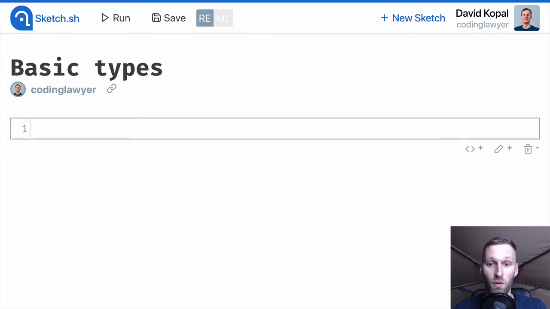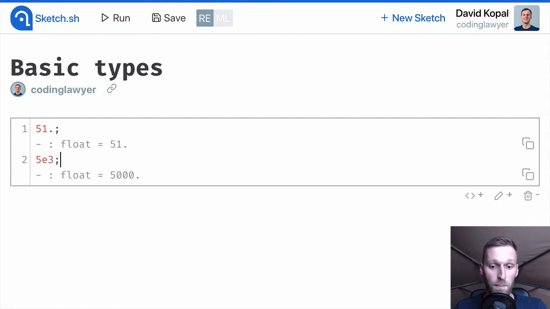Now, let's talk about another of Reason's basic types called float. A float must be written in a way which makes it clear that you really have a floating point number and not an integer, which means you have to use either a decimal point or an exponential. So let's take a look at examples.